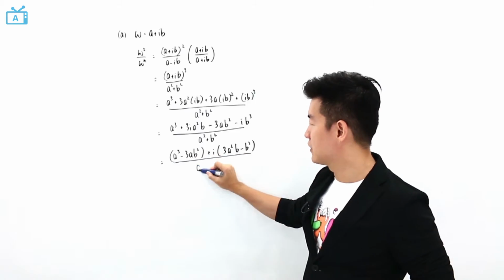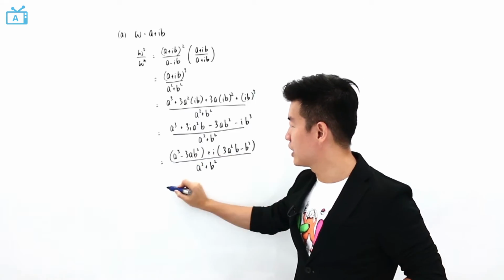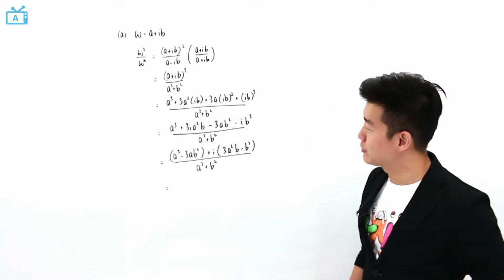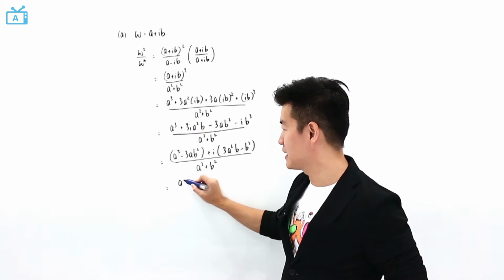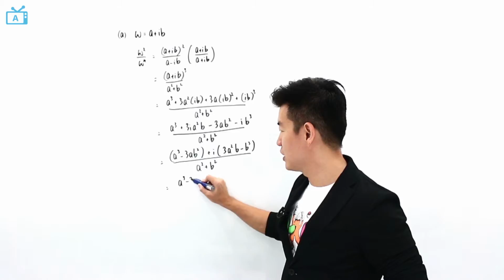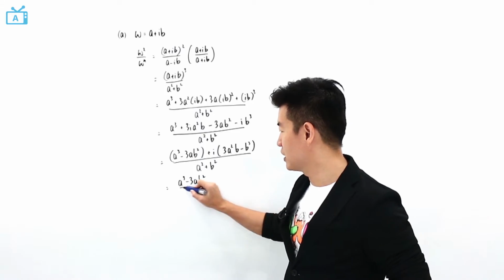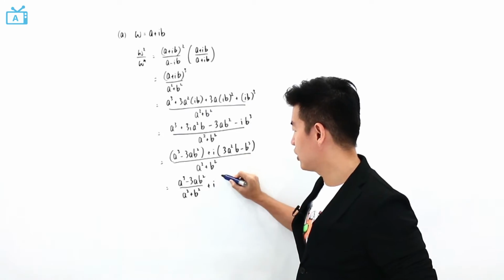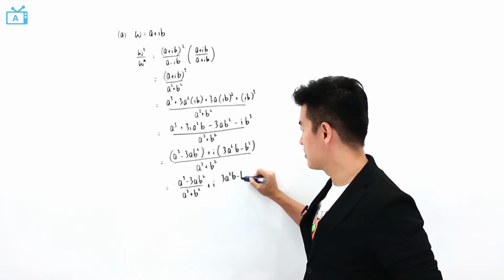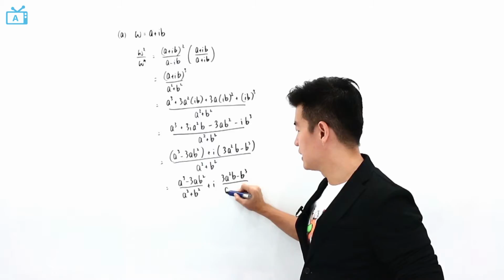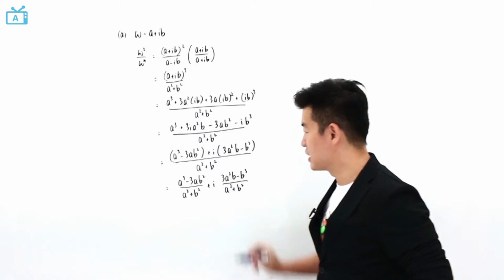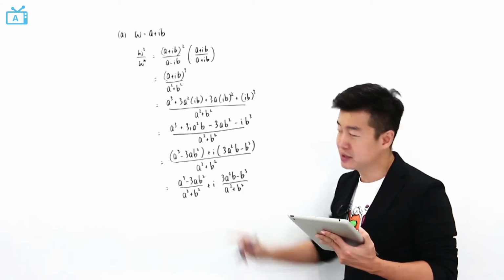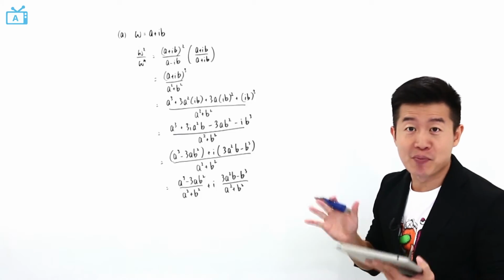And this is divided by a squared plus b squared, which means that w squared over w conjugate can be re-expressed as (a to the power of 3 minus 3ab squared) divided by (a squared plus b squared), plus i of (3a squared b minus b to the power of 3) divided by (a squared plus b squared). And according to the question, this is purely imaginary.